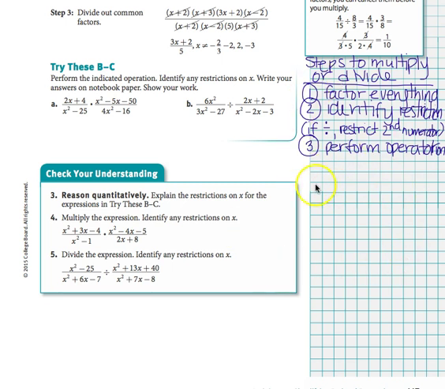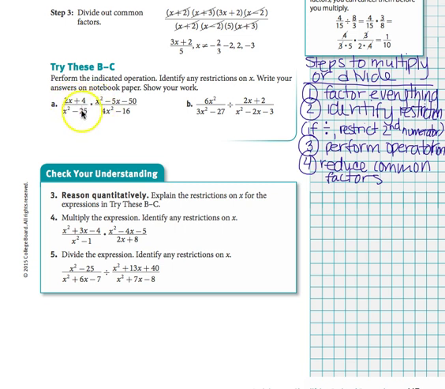If it is division, then you're going to flip the second fraction and then do top times top, bottom times bottom. Once you've done that, then we will reduce the common factors. Very similar to what we did in those first 2 examples. So we're going to try these B and C.